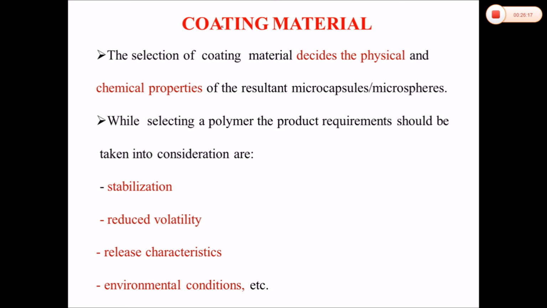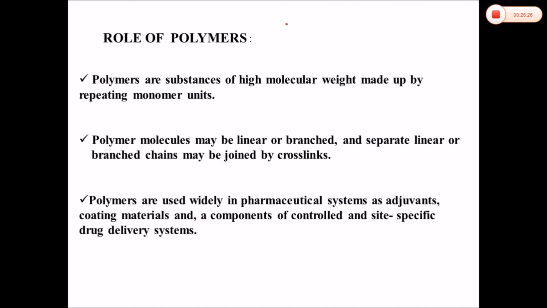The selection basically depends upon the coating material properties and the methods that we have adopted for the encapsulation purpose. Polymers are substances which have a high molecular weight and are made up of repeating monomer units.